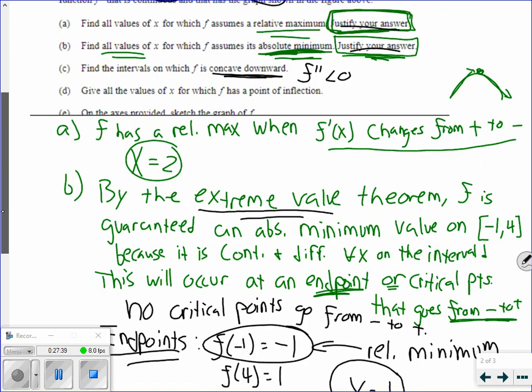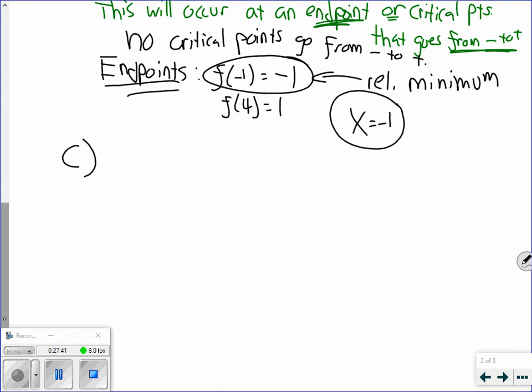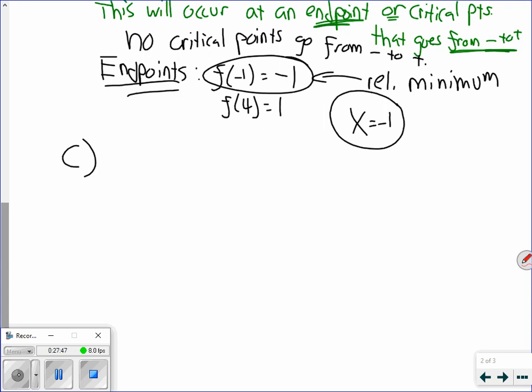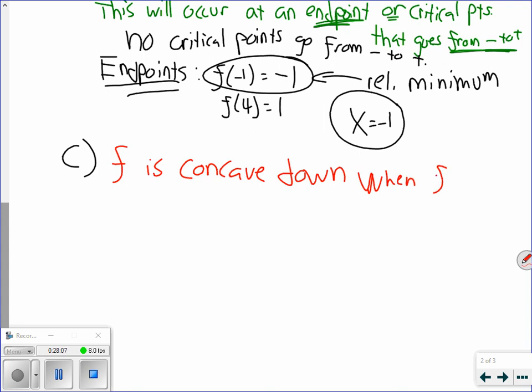So let me write out how we're going to explain that. I'm going to get my battery charger real quick. Okay. F is concave down. And we know it's concave down when the second derivative is less than 0. But in terms of the derivative, we're going to say when f prime of x has a negative slope.